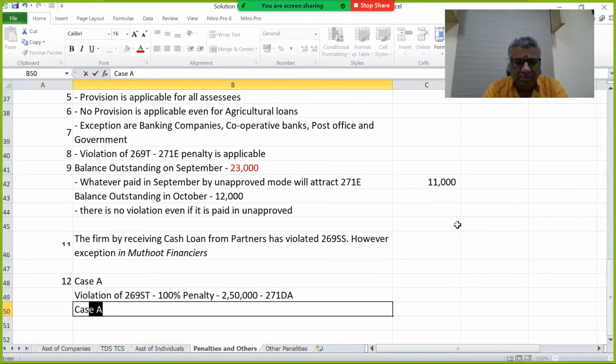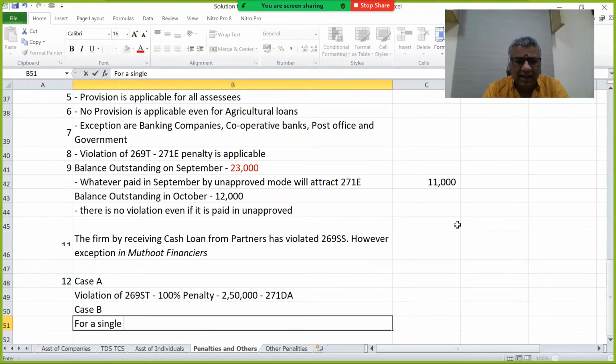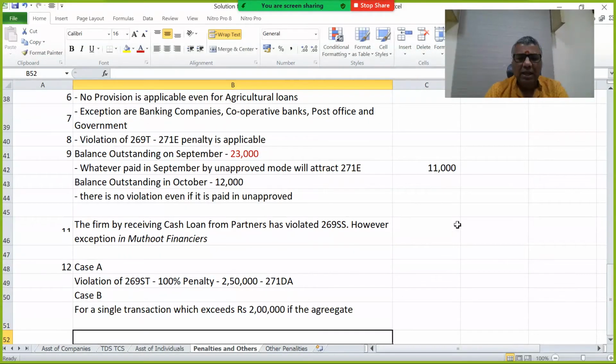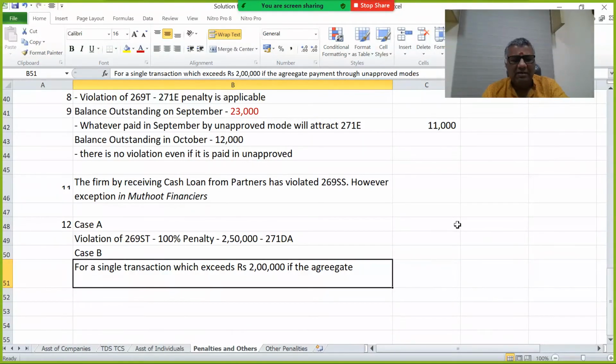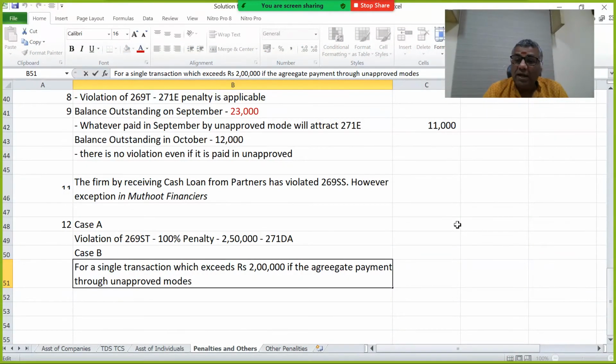Case B: for a single transaction which exceeds rupees 2 lakhs, if the aggregate payment through unapproved modes exceeds 2 lakhs, 271DA penalty will be leviable.